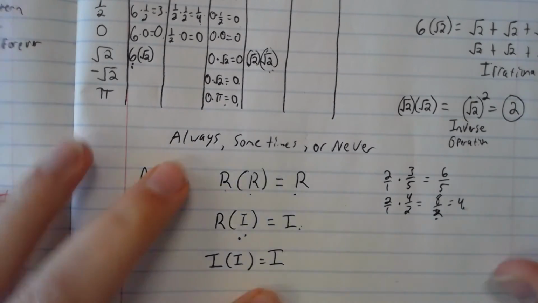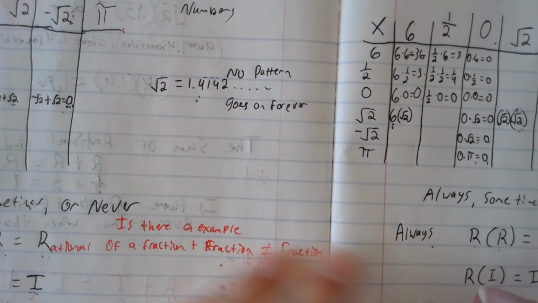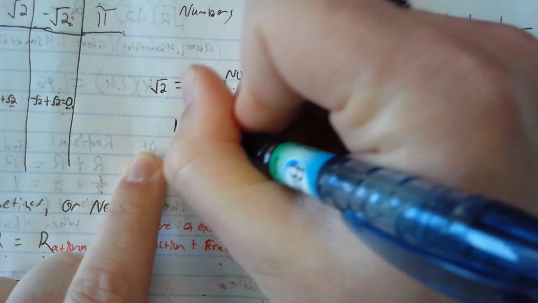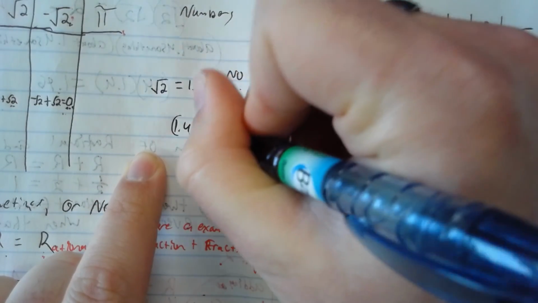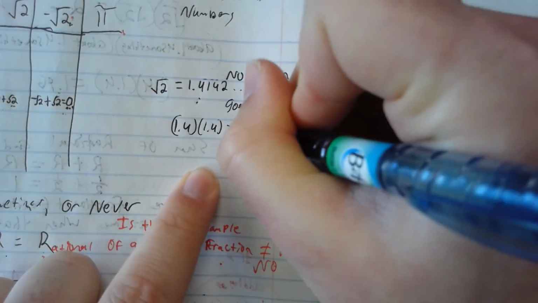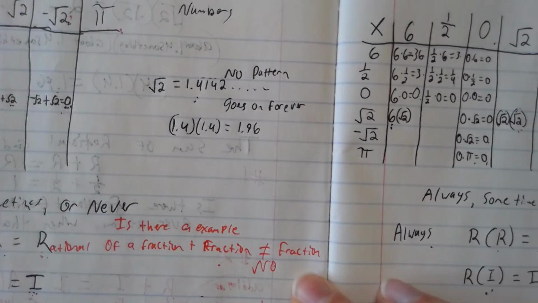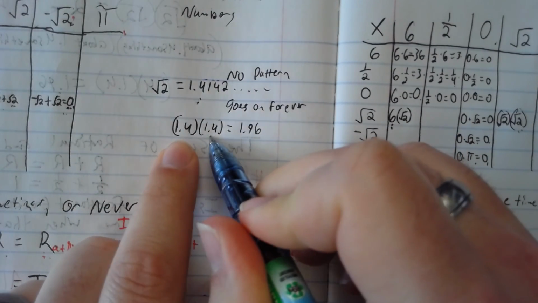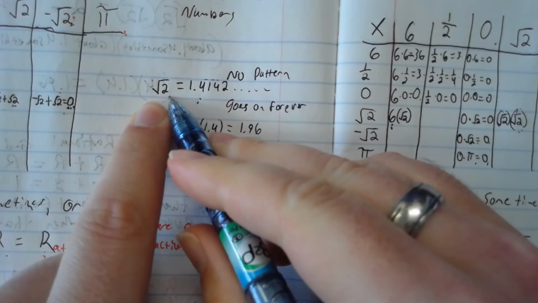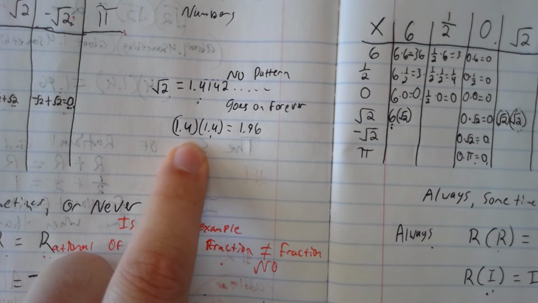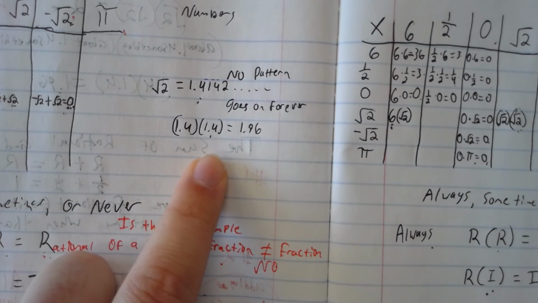Another way to think about this is to think about the decimal again. If you type in your calculator 1.4 times 1.4, you're going to get 1.96. Now that's not 2 exactly, but these two decimals aren't exactly square roots of 2. The cool thing here is if you add more and more decimal places, you're going to get closer and closer to 2.